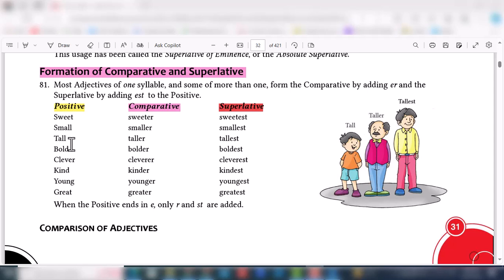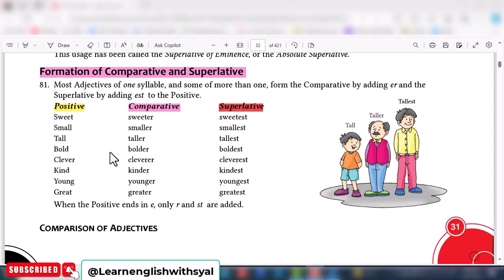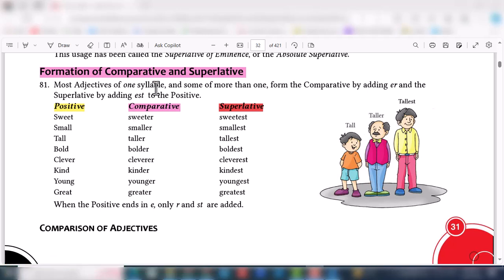In these tables we just add er to make the comparative degree, then we use est to make the superlative degrees. For example, sweet, sweeter, sweetest; small, smaller, smallest; tall, taller, tallest; and then clever, cleverer, and cleverest. These are some examples of the formation of comparative and superlative degrees.